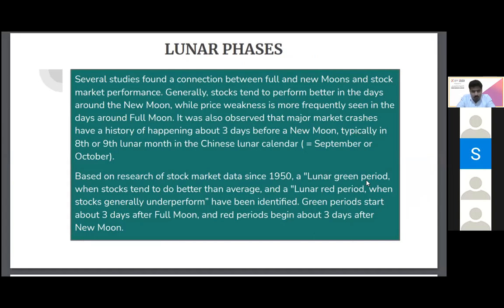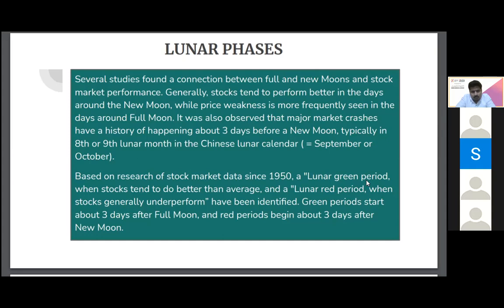So the last is lunar phases. According to Gann, stocks tend to perform better in the days around the new moon, while price weakness is usually seen in the days around full moon. It was also observed that major market crashes have happened about 3 days before a new moon.